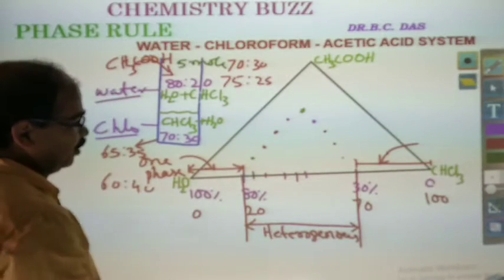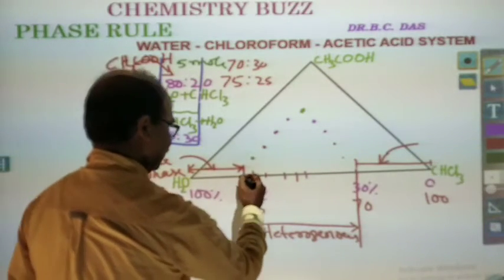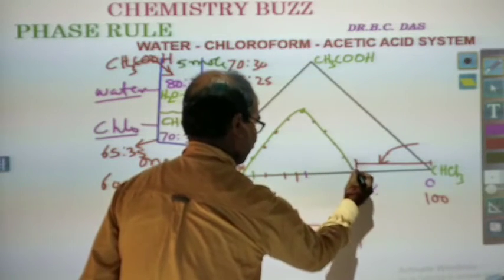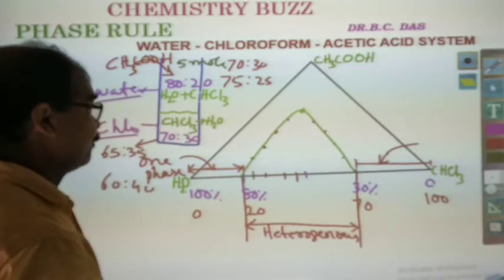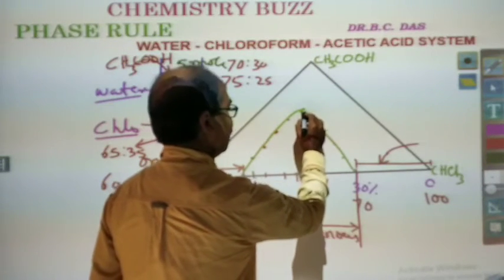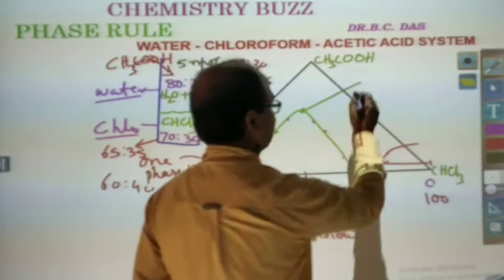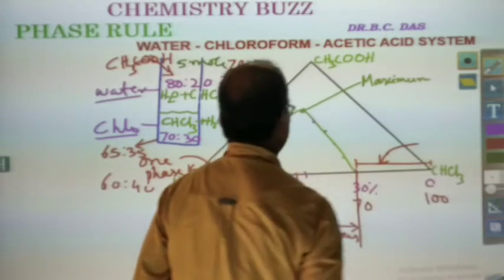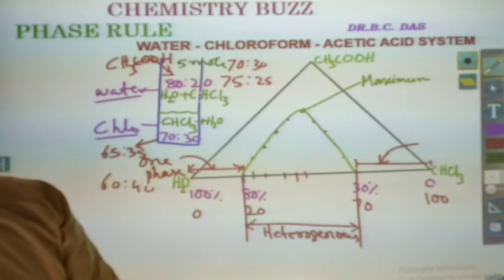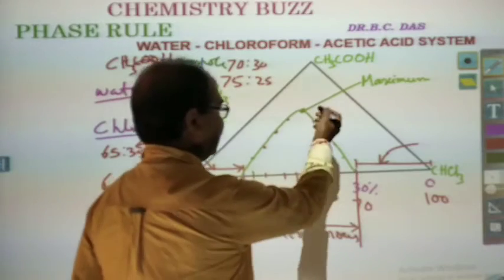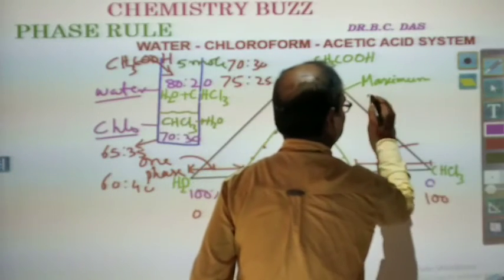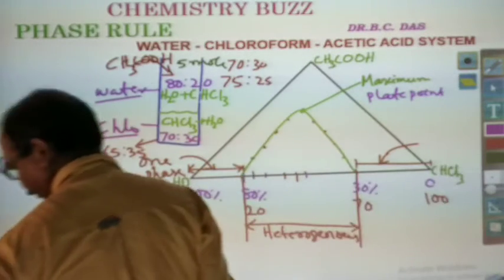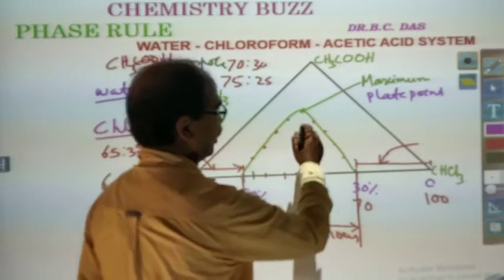Okay, so now if we join the points, you will get a curve like this. Okay, so this is the point of maximum, or we can say this is a plait point, or critical isothermal point.